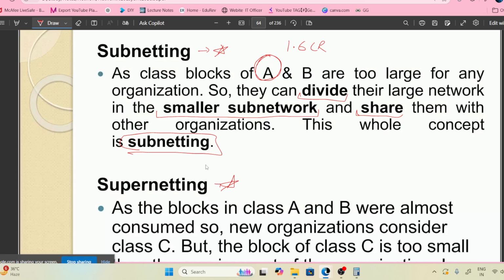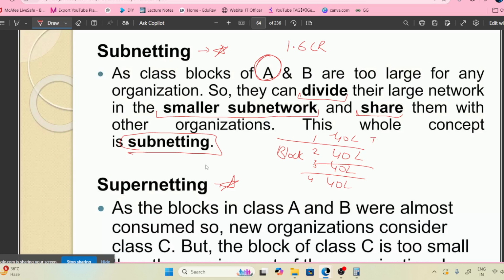So we can divide this. Let's suppose I divide this into four parts: 40 lakh IP addresses, 40 lakh, 40 lakh, 40 lakh. Like this, I have made four blocks: block 1, block 2, block 3, block 4. Like this I have divided the large network into smaller subnets to share with other organizations.